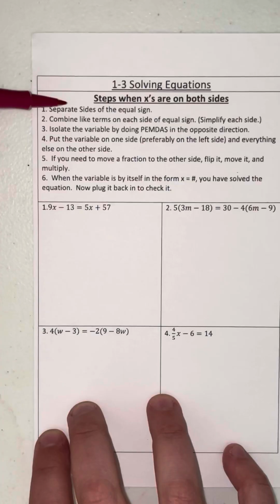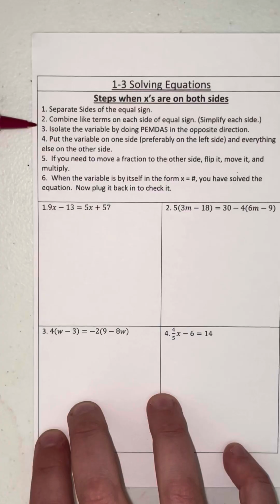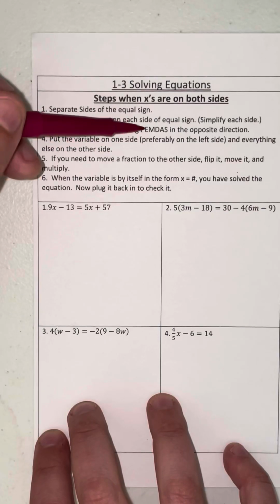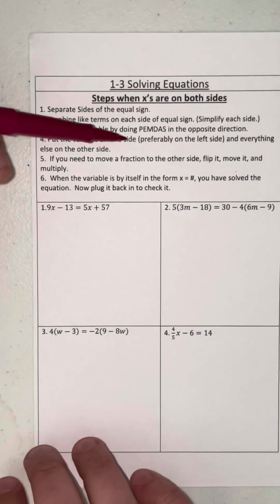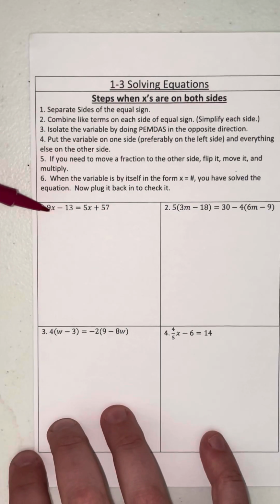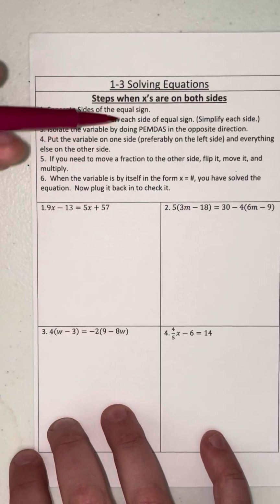So as we're looking at this, we've got x's on both sides of the equal signs. So we're going to simplify as much as makes sense on both sides of the equal signs. Then we will work to isolate the variable, doing our order of operations in reverse. Then we'll work to get the variable on the left side if it makes sense, and everything else on the other side.